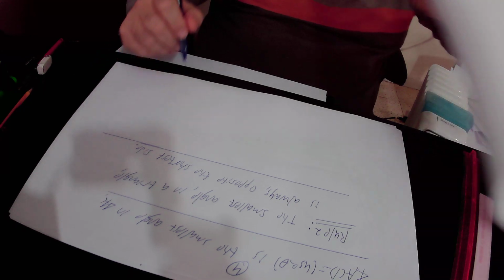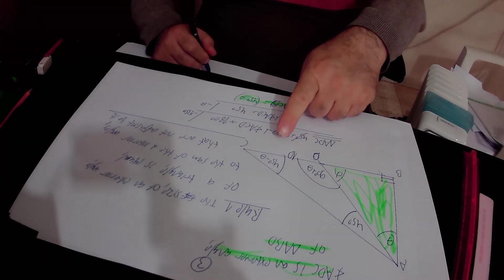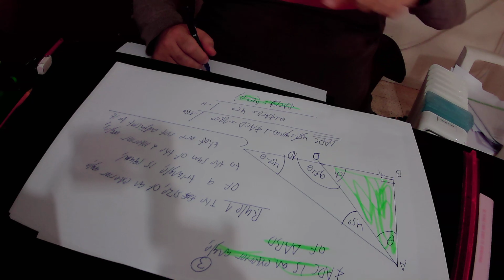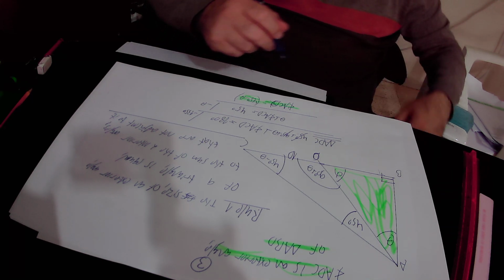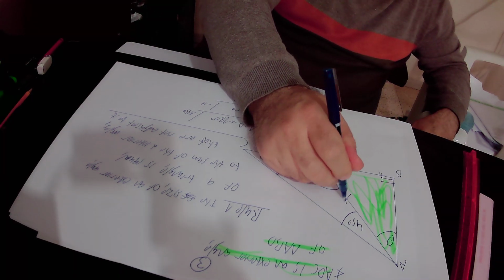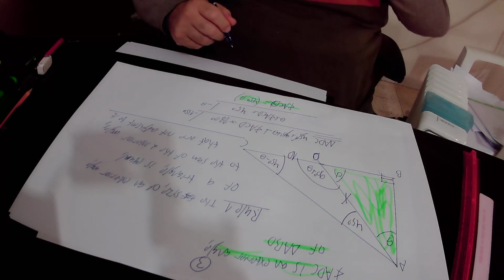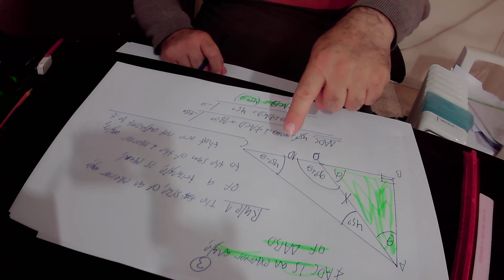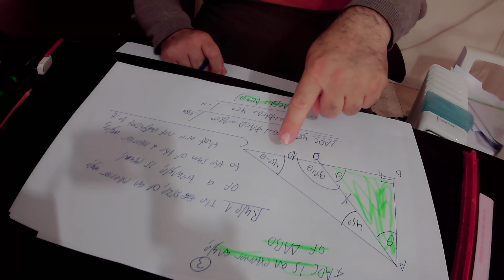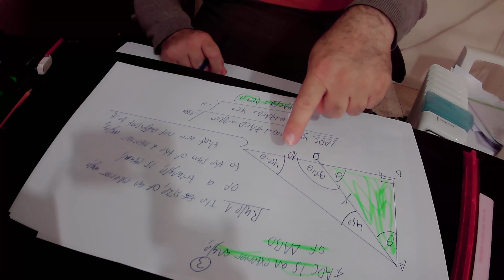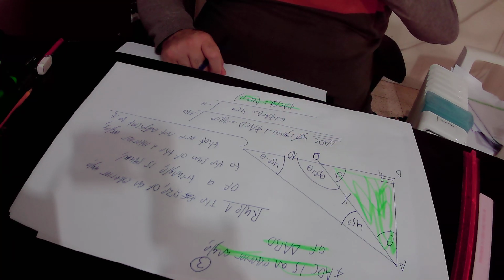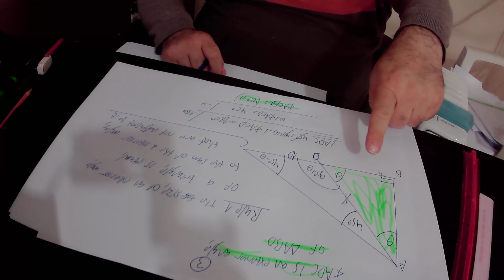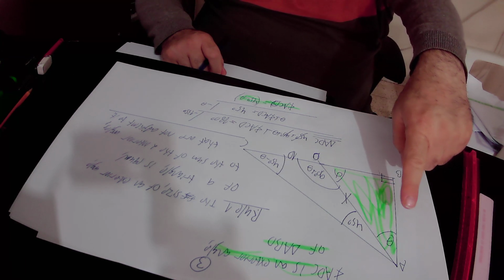So according to rule number 2, this angle that is the smallest angle, we know that AD equals x, according to what is given in the question. So here, according to rule number 2, the smallest angle in triangle ADC, that is this angle equal to 45 degrees minus theta, is located opposite the shortest side.